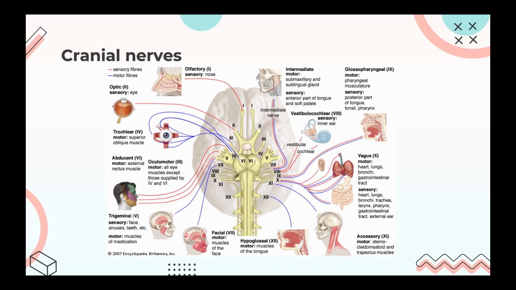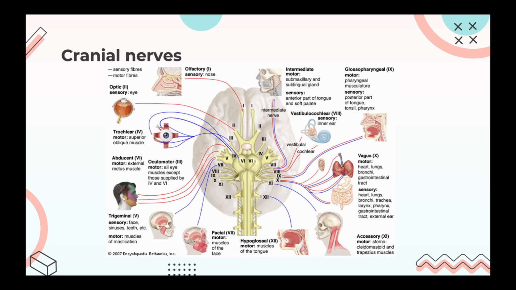Then there's cranial nerve 3, which is the oculomotor nerve, which supplies, I think, the majority of the eye muscles with motor innervation. So it's mainly a motor nerve and not a sensory nerve. That, in contrast, of course, to nerves 1 and 2, which were sensory.